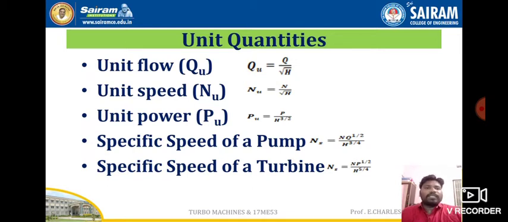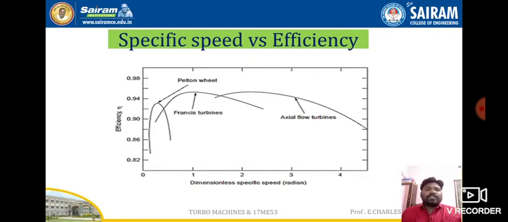Now we will see the specific speed versus efficiency graph. In the x-axis we have the dimensionless specific speed, given in radians, and in the y-axis we have efficiency. In terms of efficiency, we will see the different turbomachines like Pelton wheel, Francis turbine, and axial flow turbine.